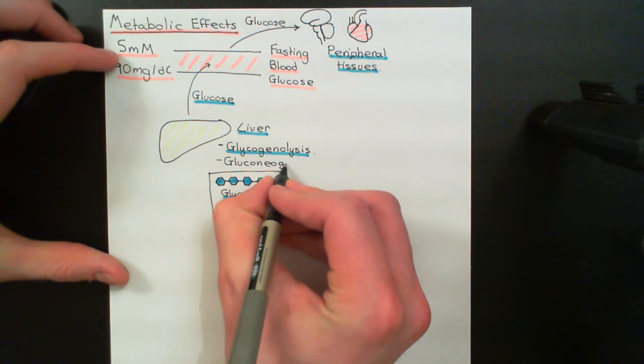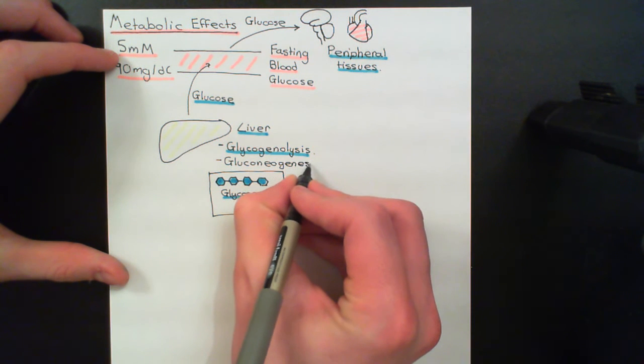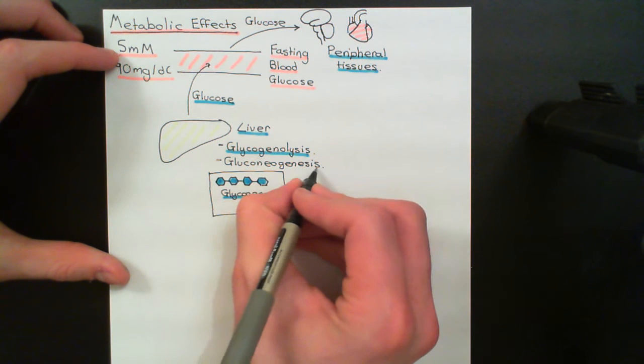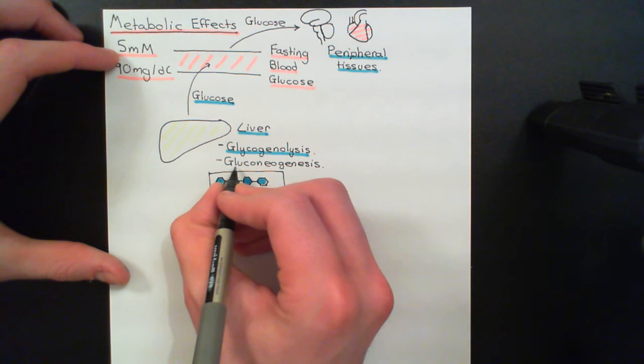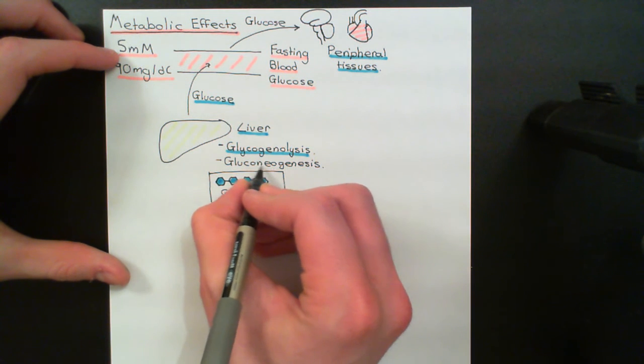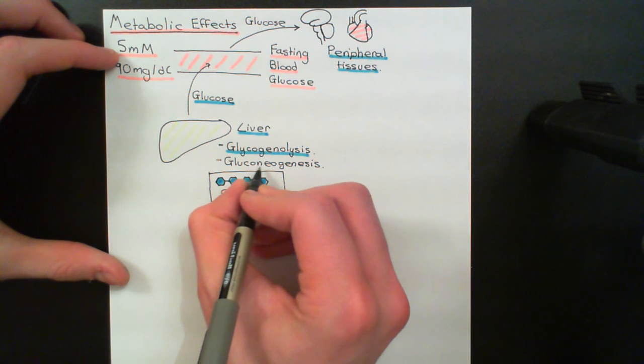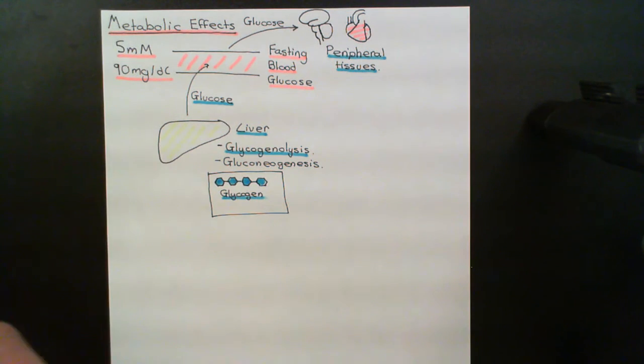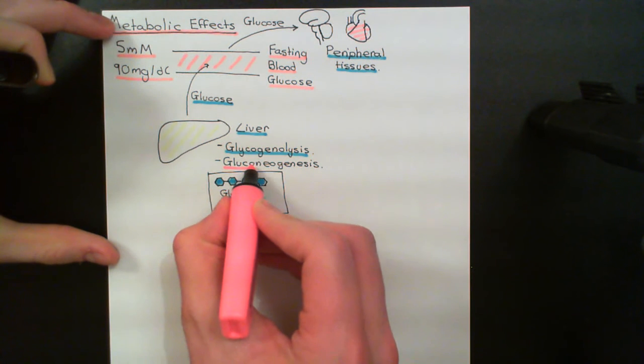Now, what is meant by gluconeogenesis? Gluconeogenesis is the production of glucose. So gluconeogenesis means production of glucose from completely non-sugar forms, molecules that are not sugar. So you're making new sugar molecules from non-sugar molecules.